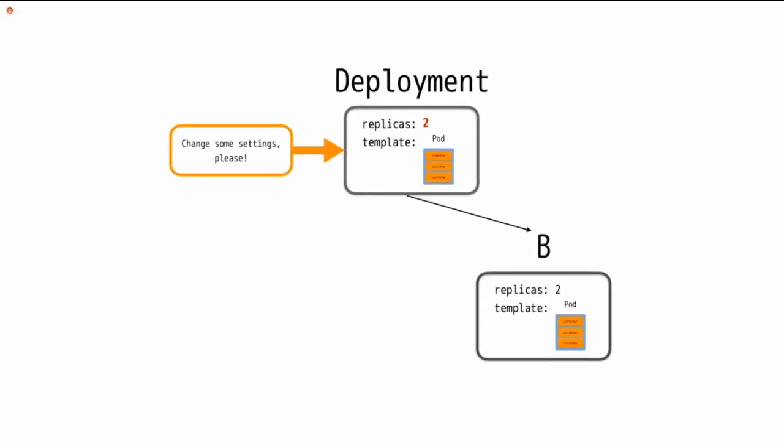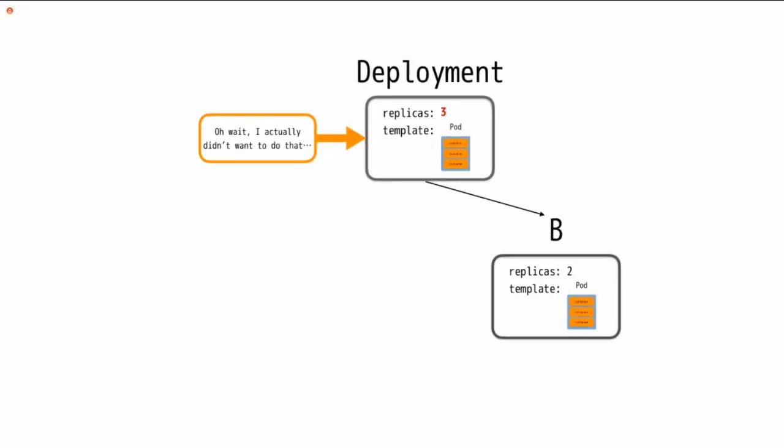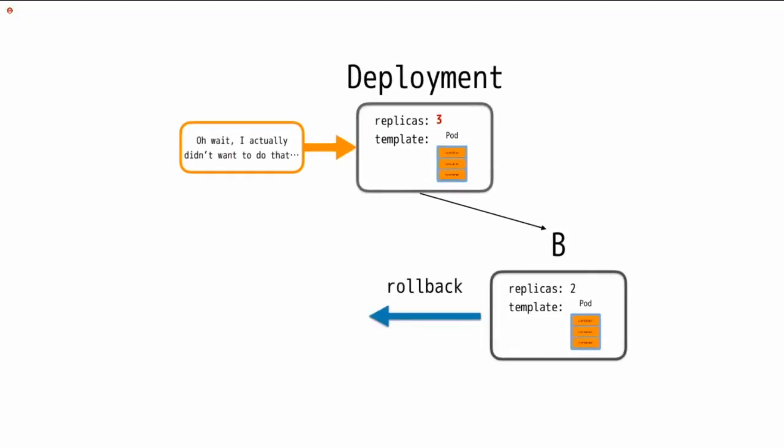And if this is not the change you actually wanted, you have the option to roll it back to the earlier state, which we call a rollback. You can simply go back, open the state file of the deployment, change the number from 2 to 3, and that's it.